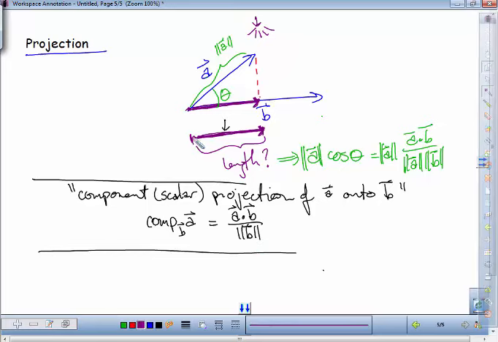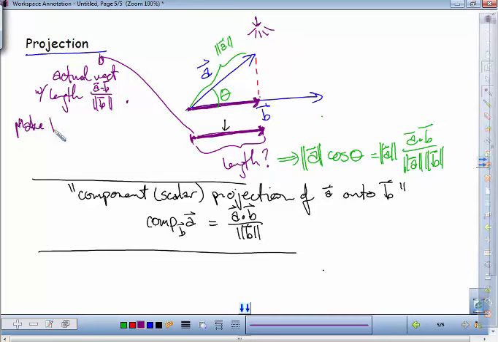So to find the actual vector with length A dot B over magnitude of B, you're going to make B into a unit vector and then scalar multiply.